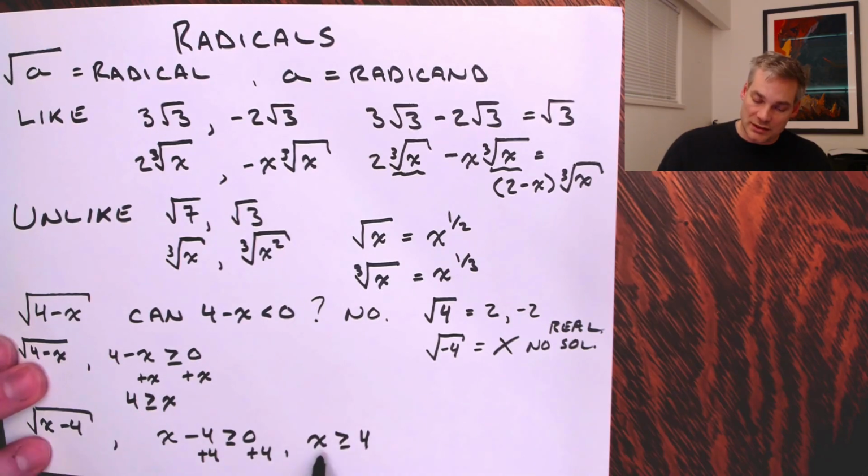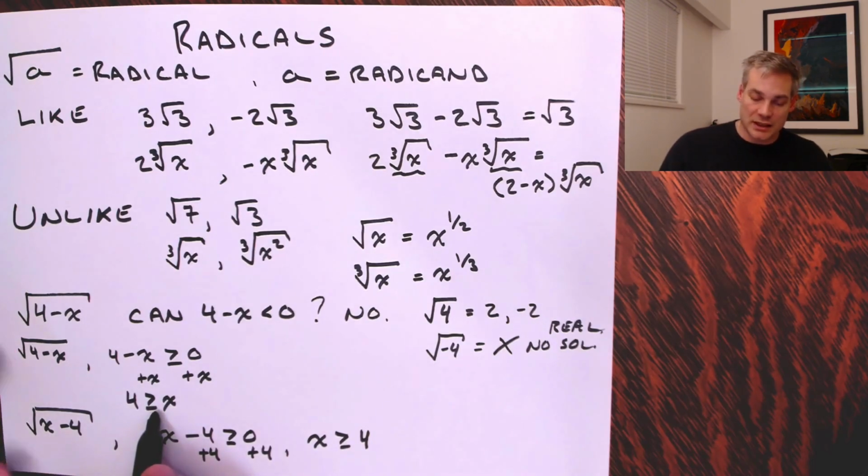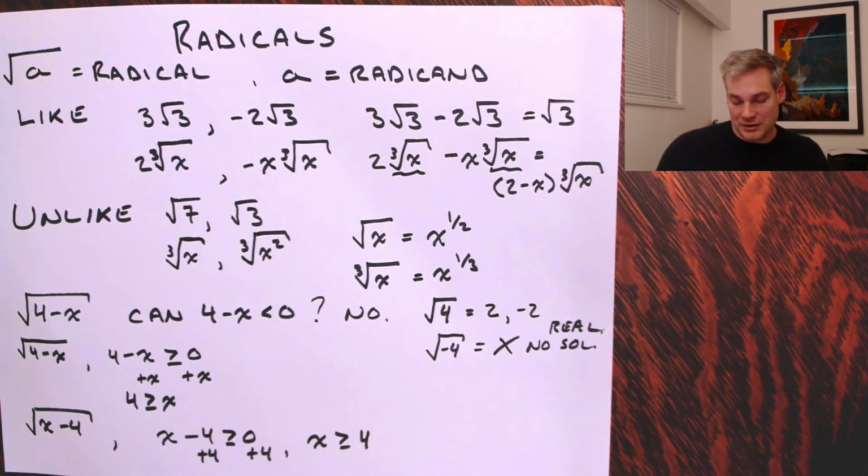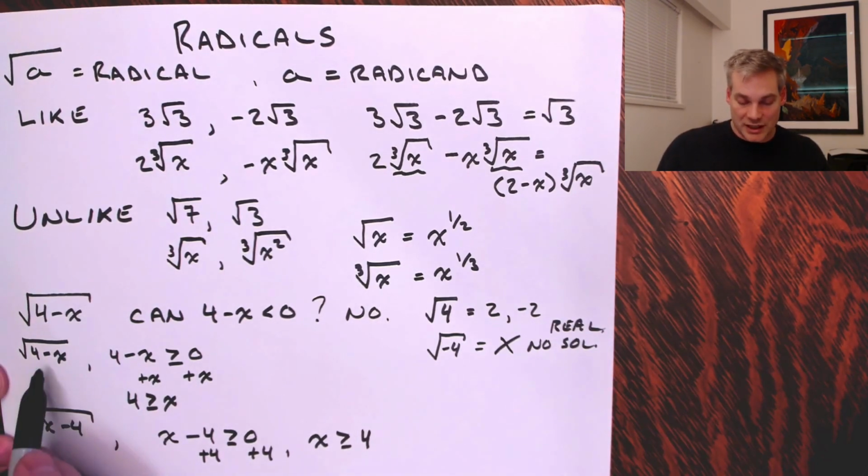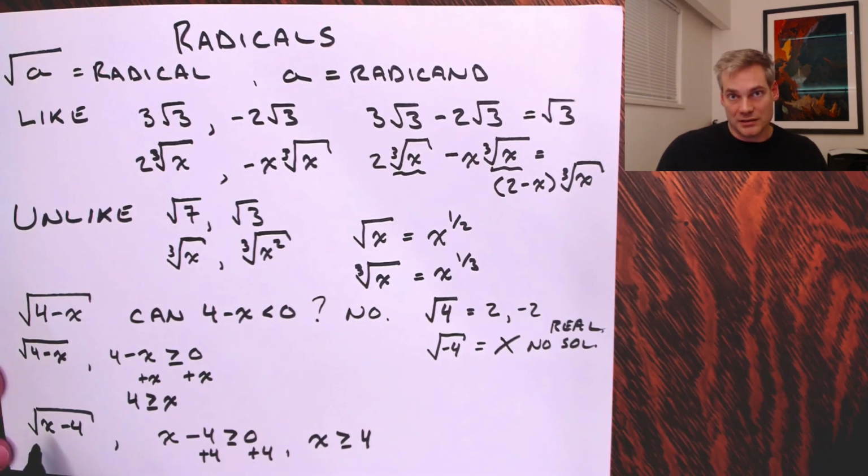So this shows us that x has to be big and positive, whereas this one shows us that x has to be small or negative. So they're two different solutions doing the same thing. Though they may look the same, you have to solve them separately. They won't have the same solutions.